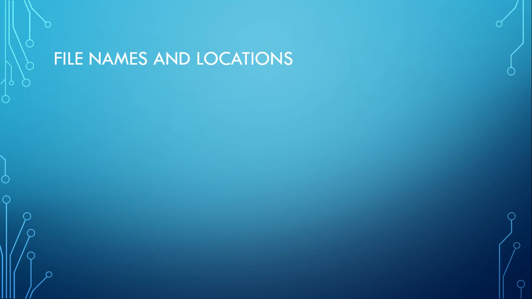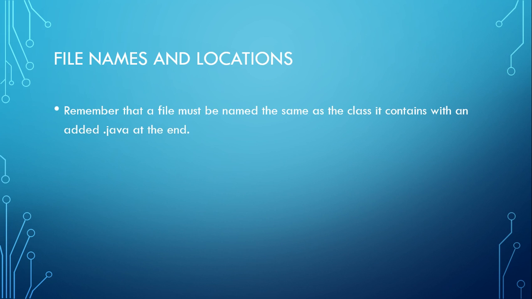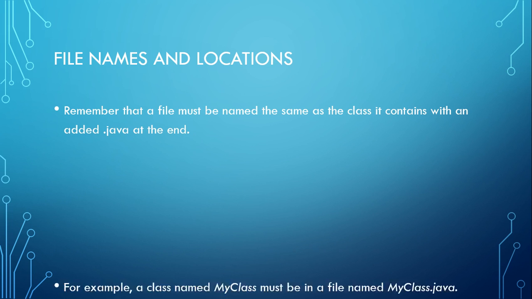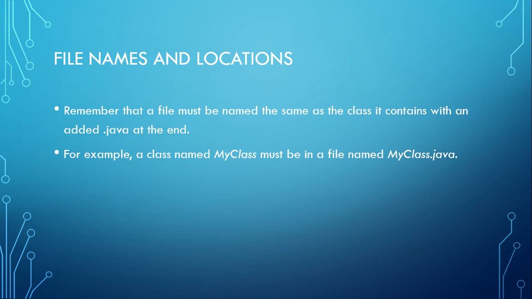Now let's briefly talk about file names and locations. Remember that a file must be named as the class it contains with an added .java at the end. Because we're using Eclipse, this happens automatically for us, so it's not really something we have to worry about. But just to reiterate, for example, a class named MyClass must be in a file called MyClass.java.